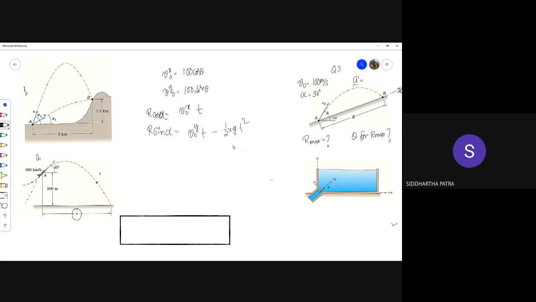I do not know r, but from these two I'll get a relation: tan alpha equals v0y to v0x, which is basically tan theta, minus 1 by 2 g t divided by v0x.